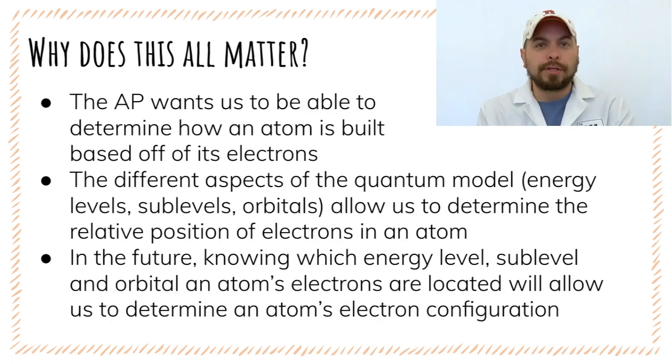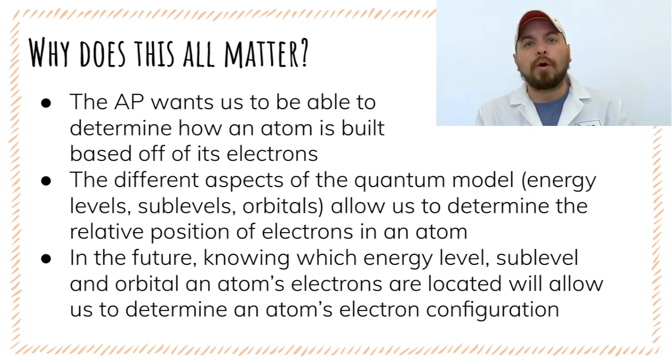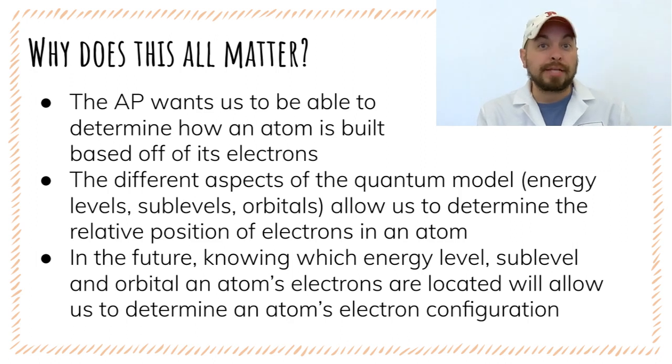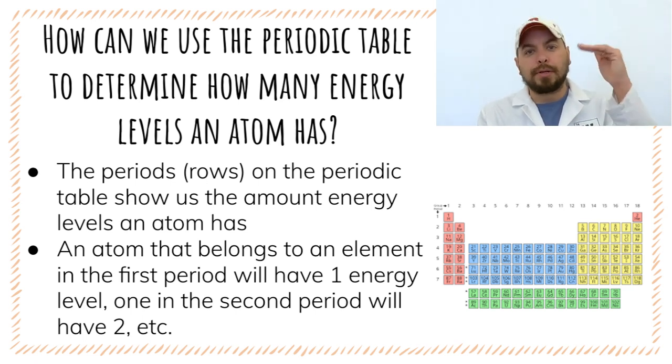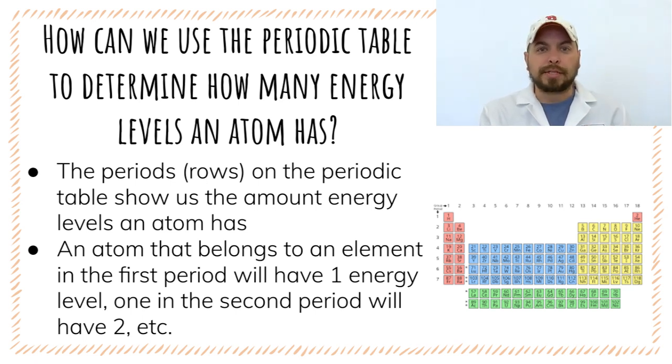Now, all of what I just talked about is going to apply in a couple of videos when we talk about things called electron configurations. You are going to need to be able to determine how an atom is built based off of its electrons. So, walking away from today, let me remind you, we have periods on the periodic table that we've already talked about in an earlier video.